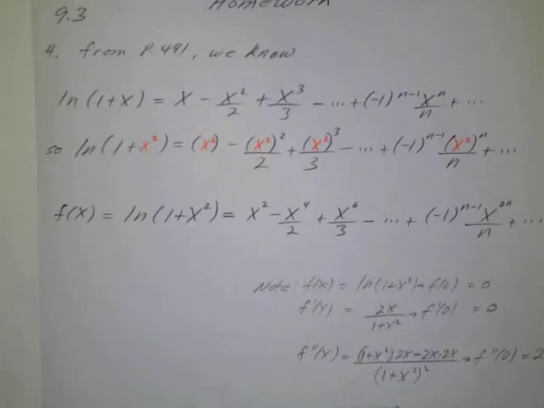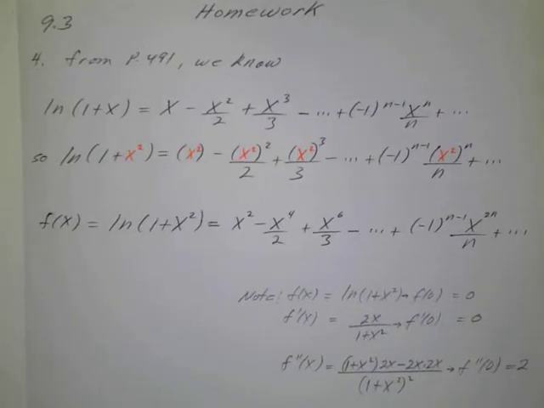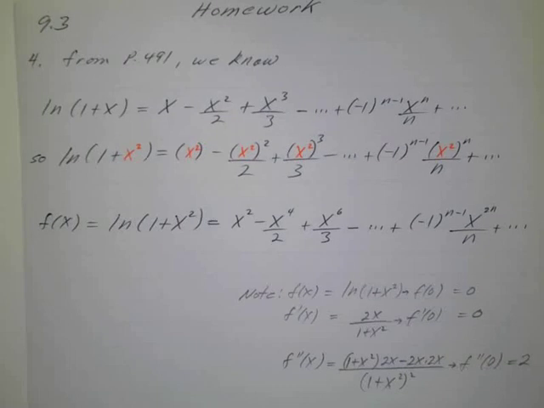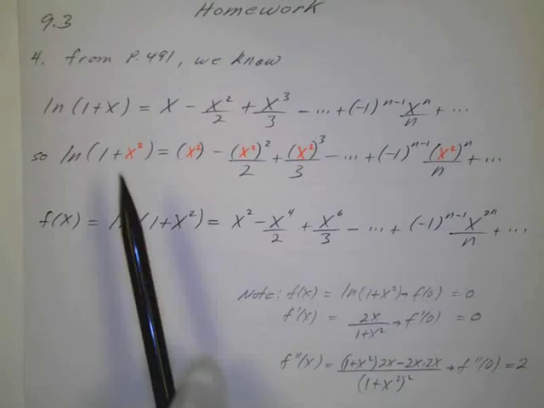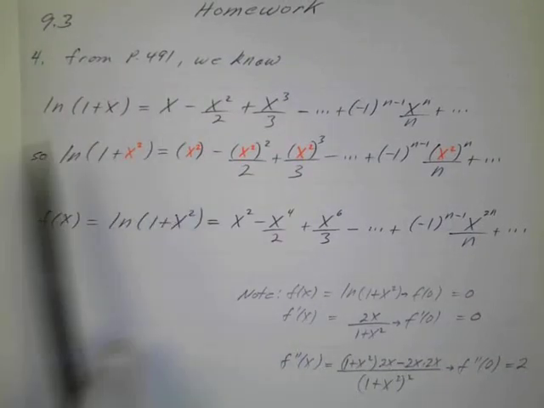Okay, let's take a look at number 4. Now, number 4, we could get away with a little bit of previous work. The function was f of x equal to the natural log of 1 plus x squared. But we know the Maclaurin expansion from page 491.